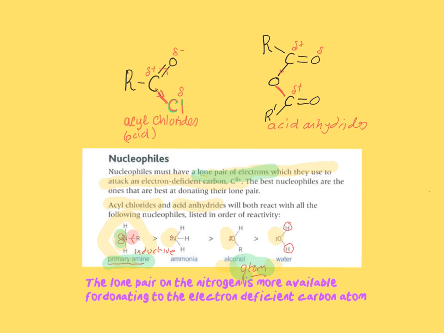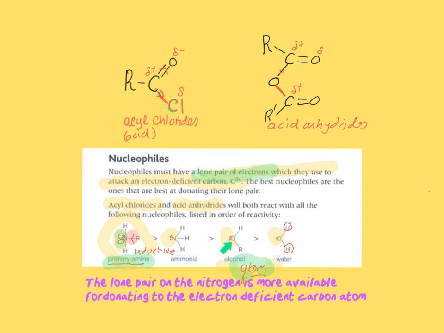So the inductive effect is enabled by the fact there's an alkyl group here, or a CH3 or a CH2, and that alkyl group is able to push forward electron density, making the electrons more available for donating. Whereas in ammonia, which is simply an amine but with a hydrogen instead of a CH3 or CH2, hydrogens have got much less electron density and therefore the inductive effect is less.